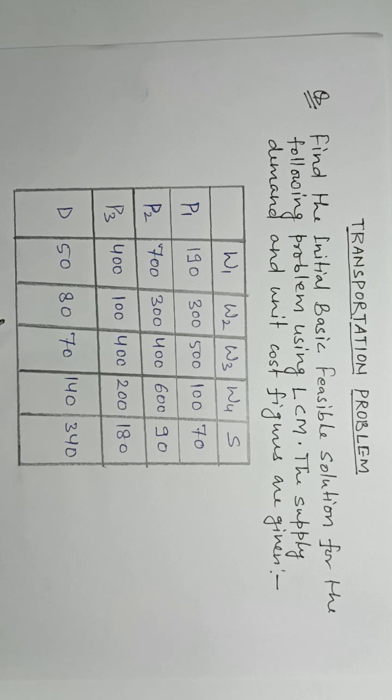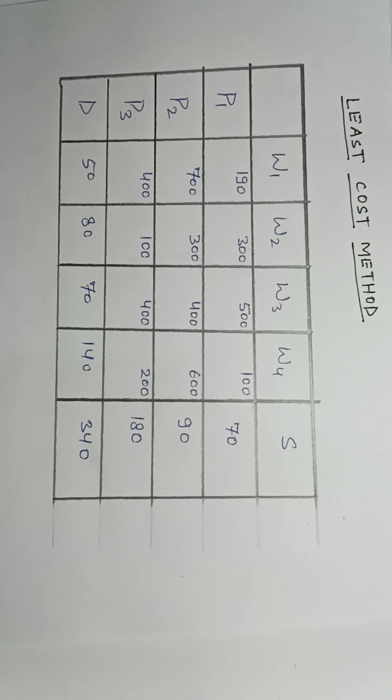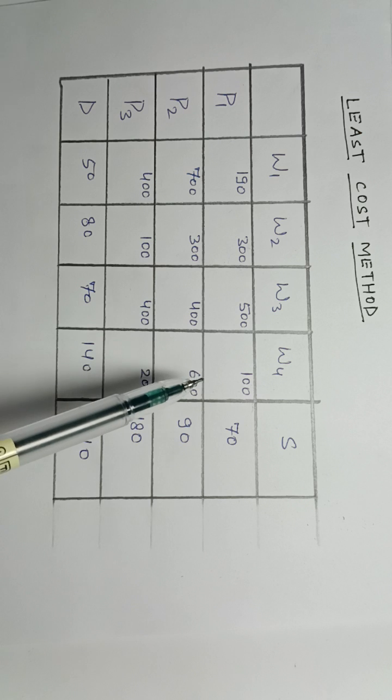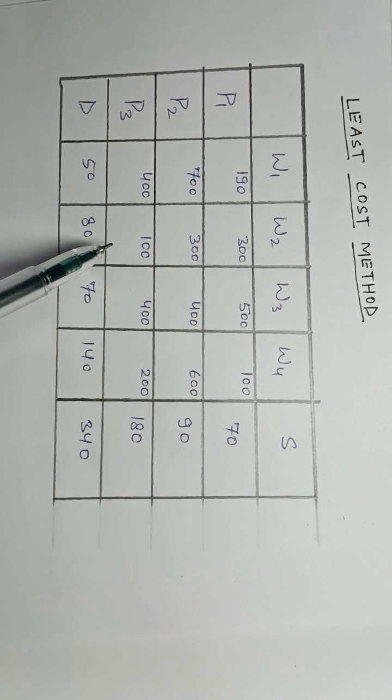We will solve this problem to get the initial basic feasible solution with the help of the least cost method. In the least cost method, first we try to find the least cost in this matrix. Here, students, the least cost is 100 at two places, 100 and 100.